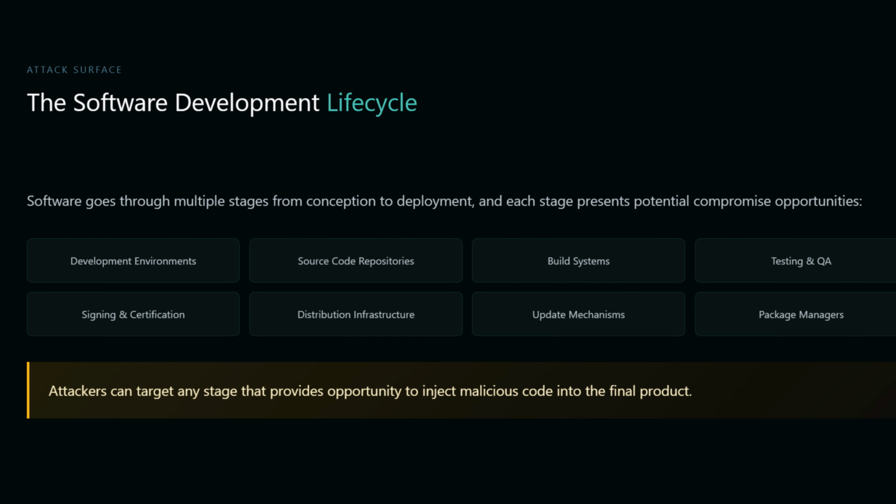systems. Software goes through multiple stages, from conception to deployment, and each stage presents potential compromise opportunities. Development environments where developers write code, source code repositories where code is stored and versioned, build systems that compile code into executable applications, testing and QA environments where software is validated, signing and certification processes that establish software authenticity, distribution infrastructure that delivers software to customers, update mechanisms that push new versions to installed applications.